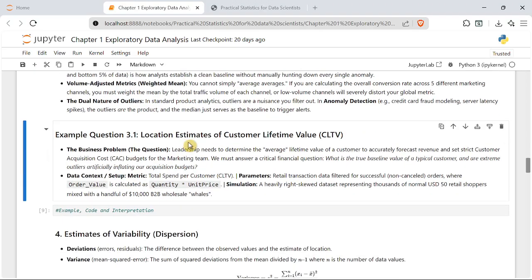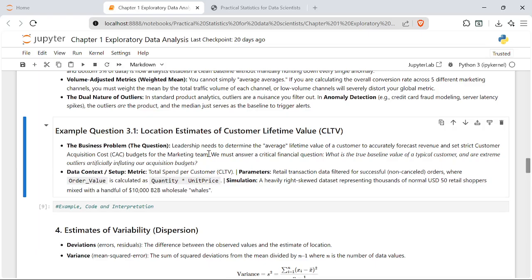Leadership often asks a deceptively simple question. The business problem: leadership needs to determine the average lifetime value of a customer to accurately forecast revenue and set strict customer acquisition cost budgets for the marketing team.